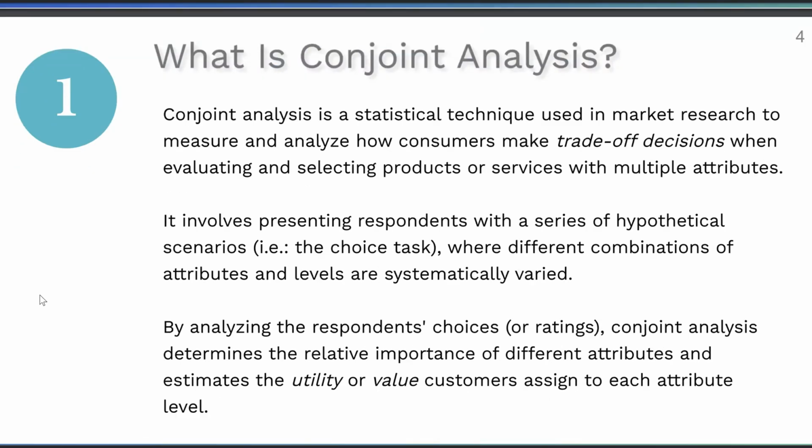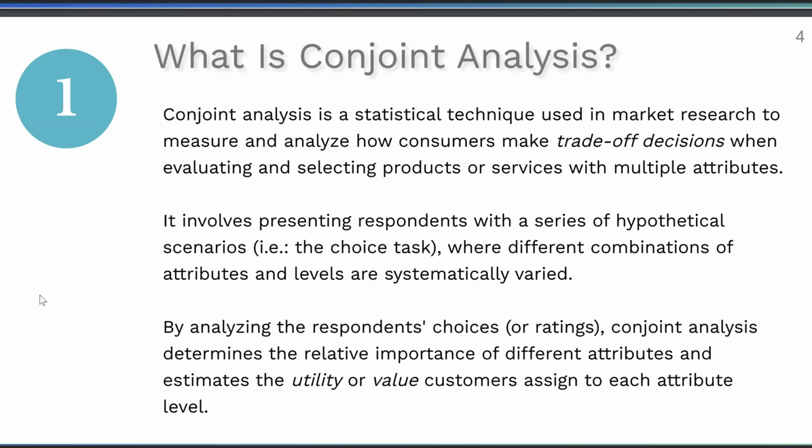This is a little bit of an official description of conjoint analysis. Conjoint analysis is a statistical technique used mainly in market research, but it can also be used in various other disciplines as well, as you'll see, to measure and analyze how consumers make trade-off decisions when evaluating select products or services that have multiple attributes.